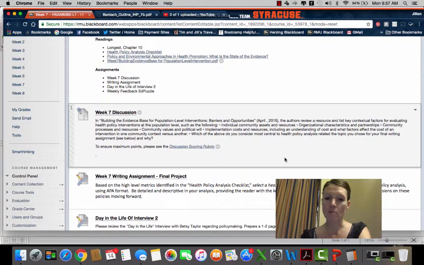It talked about evaluating those health policy interventions and those contextual factors: organizational characteristics and partnerships, individual community assets and resources, community processes and resources, community values and political will, and implementation cost and resources.